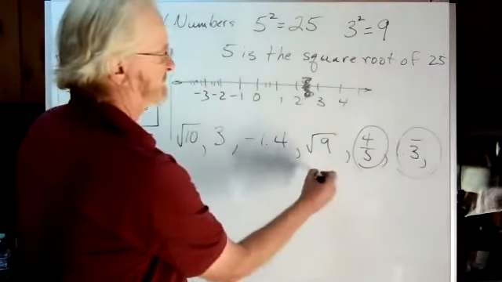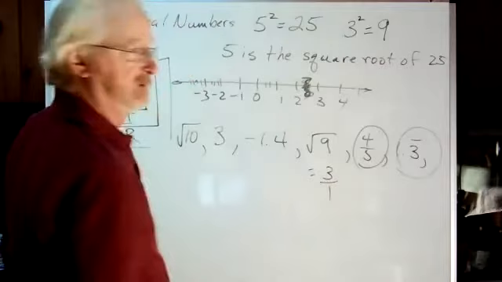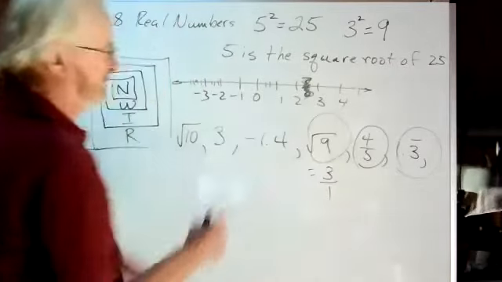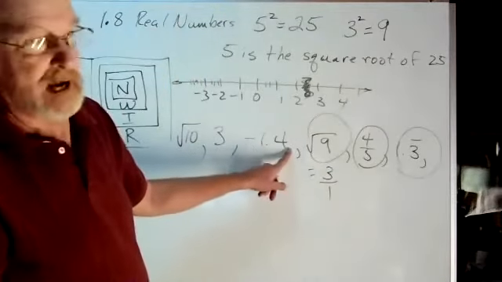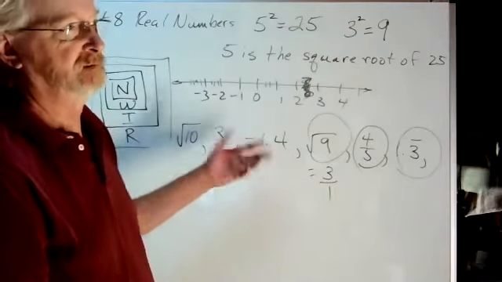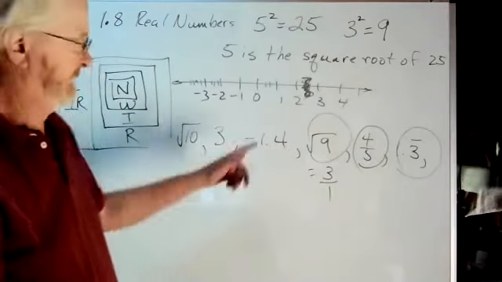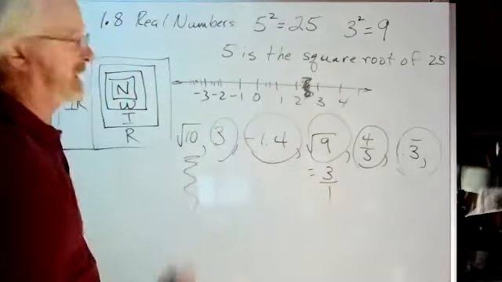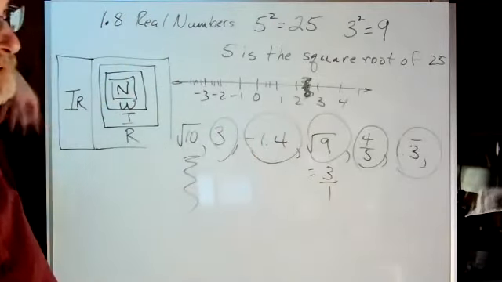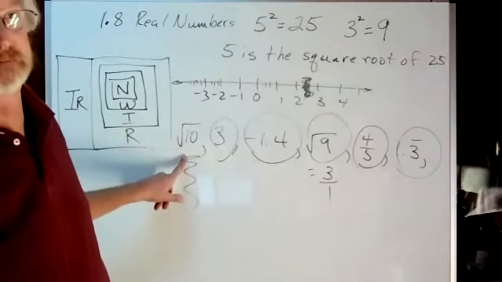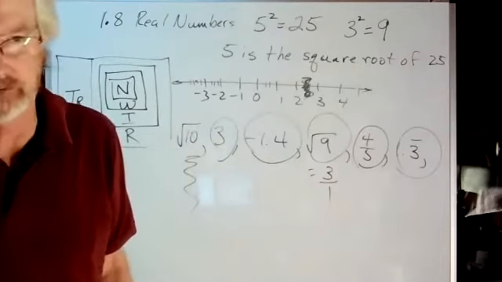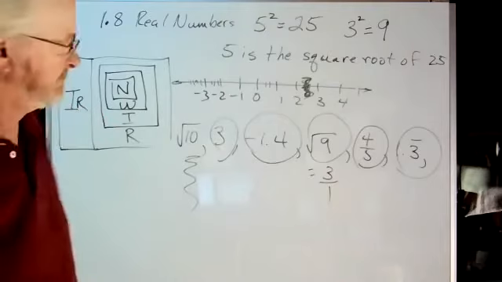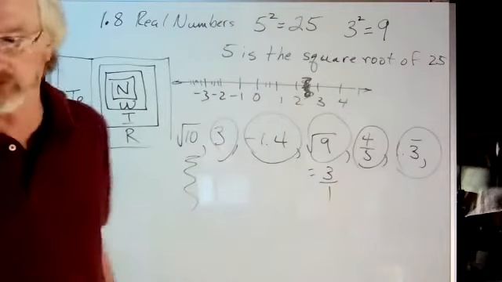Square root of 9, I just said that could be a fraction, rational number. Decimal that stops, 1.4, it's like 14/10. Yes, rational number. There's my 3 again. So here's my one that was the irrational number. Can't write that like a fraction. You'll see questions like that, asking you to list them, identify them.